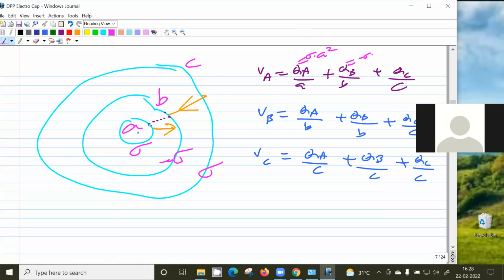QB is minus sigma into B square, and then QC is sigma into C square. Okay, so if you use that, you get VA as sigma A minus sigma B plus sigma C.